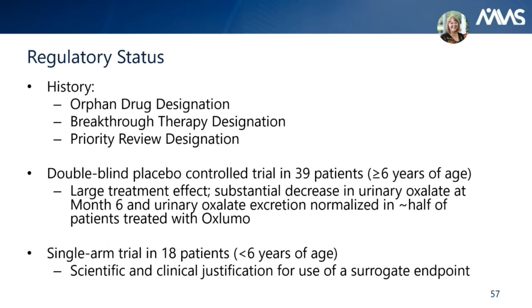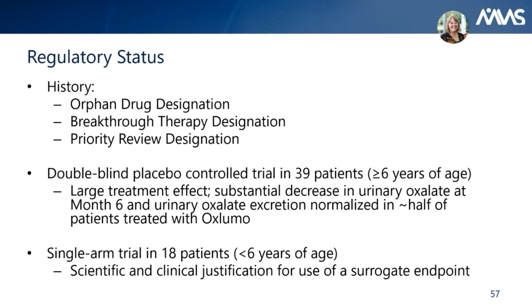Notably, there was no treatment effect on kidney stone events or kidney function, but as we previously noted, this would not have been expected in a trial that was only 6 months in duration. In the second trial, patients were enrolled that were under 6 years old, the youngest of whom was only 4 months old. This was a single-arm trial without a concurrent control.